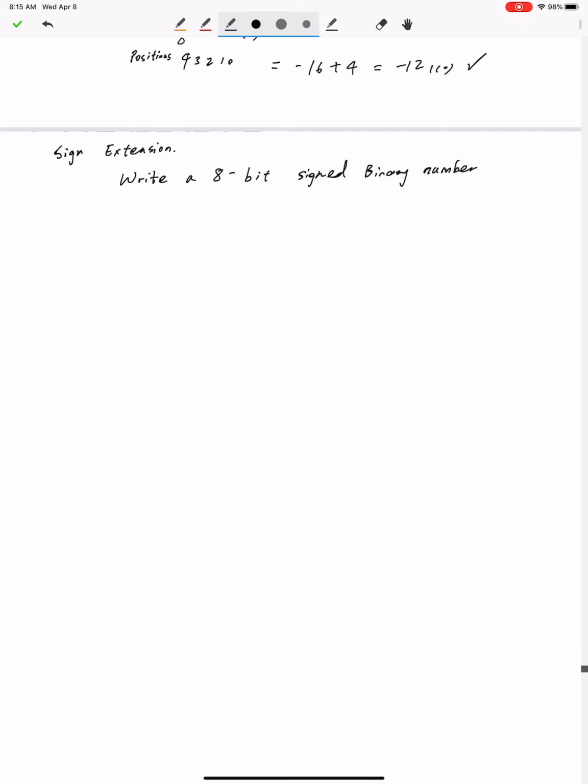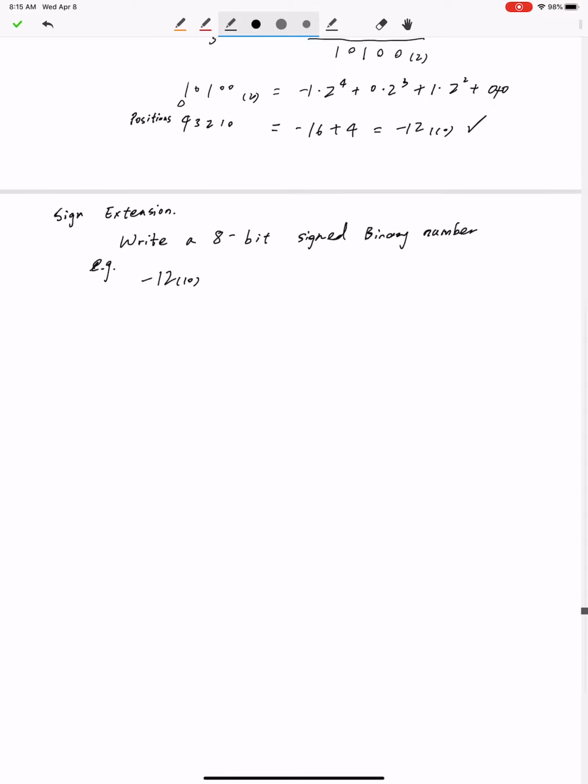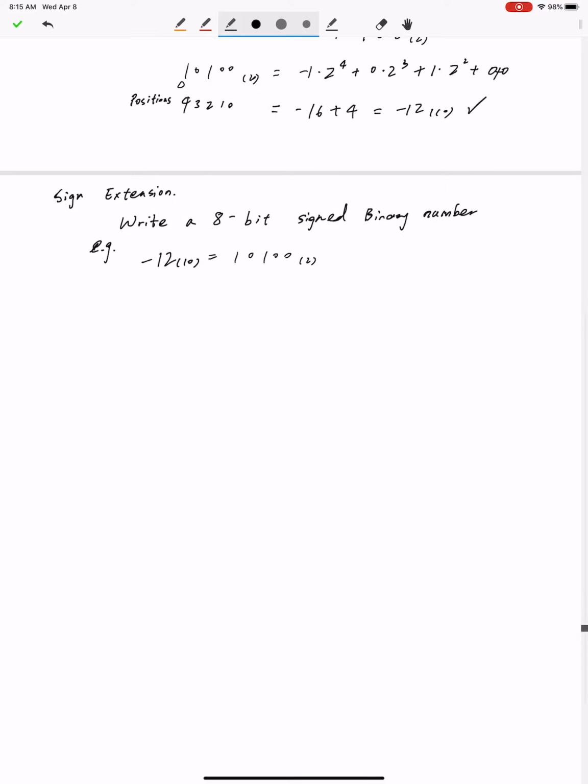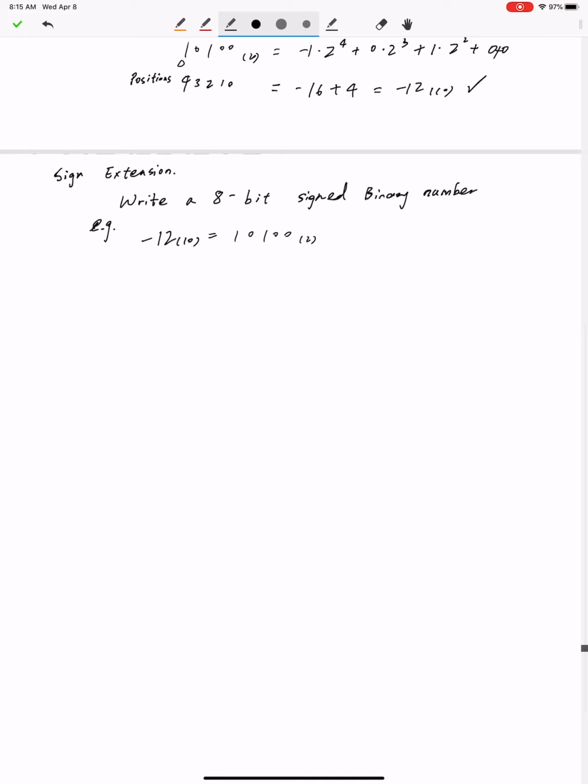For instance, let's just use minus 12, the example that we used in the previous topic. Minus 12 is equivalent to 10100 in the binary number system.